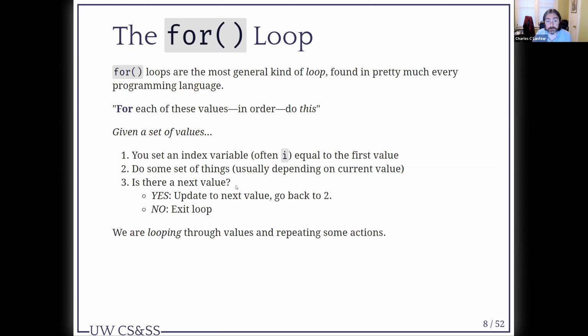If there is a next value, update I to the new one, go back and redo step 2, and keep doing this until you run out of next values. If you're out of values, you stop looping, okay? The idea is that you are looping through values to repeat some action.